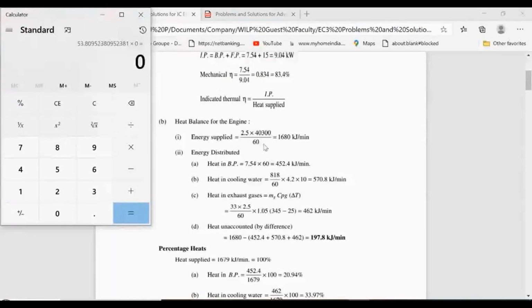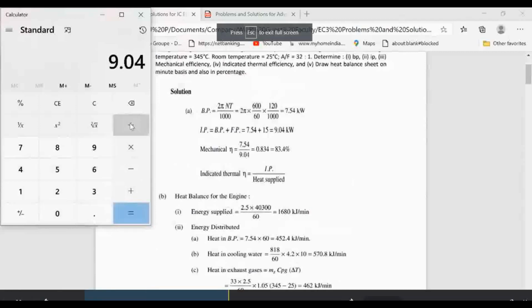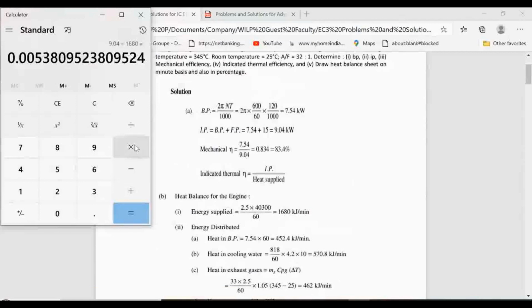The correct value should be the indicated power, which is 9.04, divided by 1680 into 60.